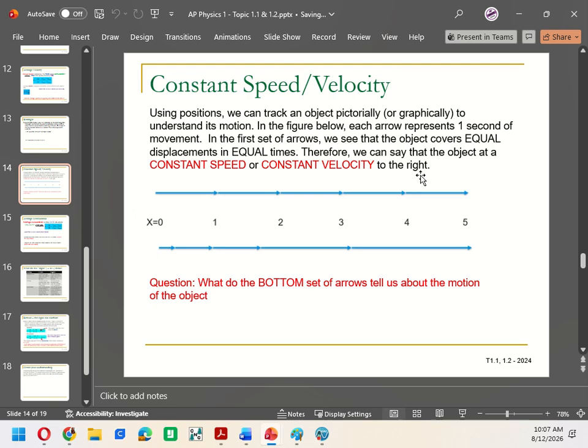Now, what can you tell me about this bottom line, the bottom one? Are the arrows the same? Say no. No. Okay. Now, what else can we say about it? Give me descriptions. Tell me what it's doing.